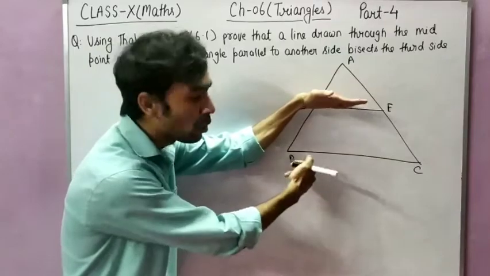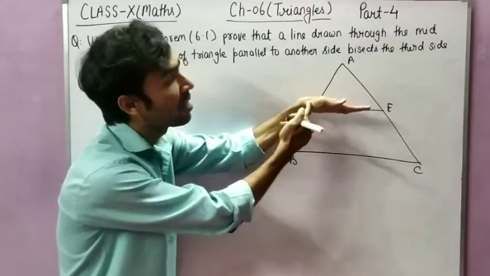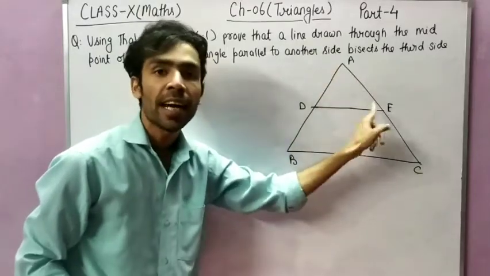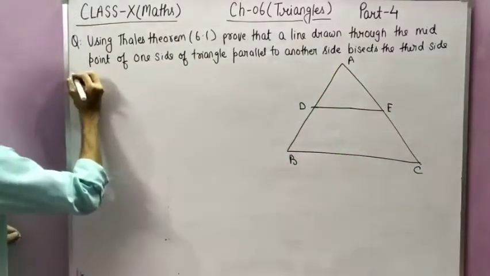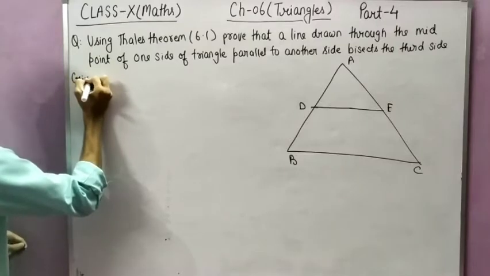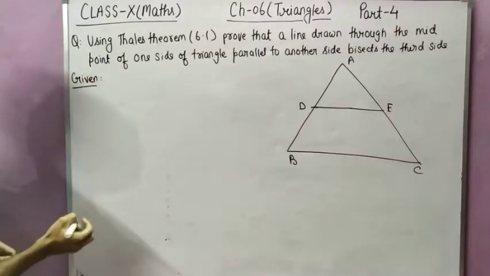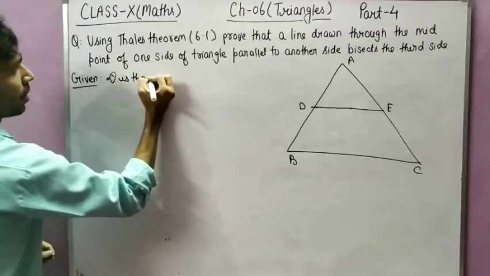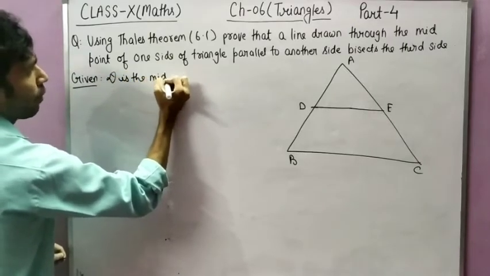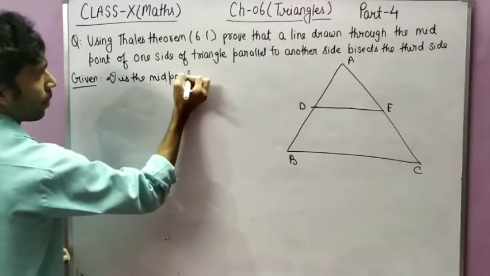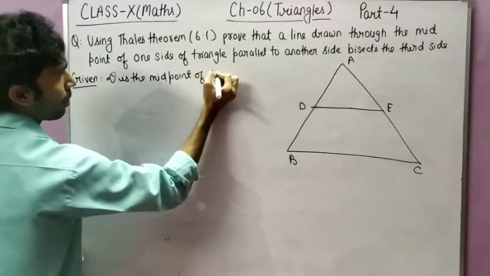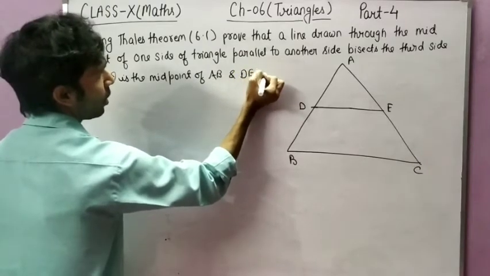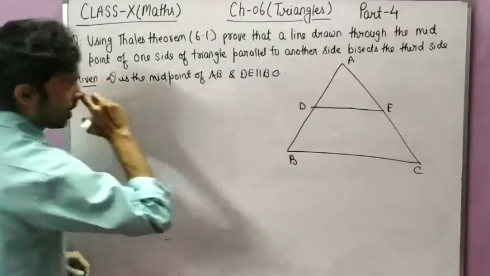Suppose it is parallel to BC, so that line will bisect the third side, meaning AC will be bisected at E. So what is given? D is the midpoint of AB, and DE is parallel to BC.